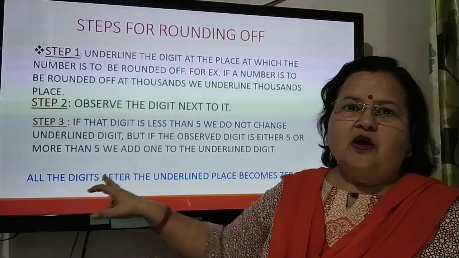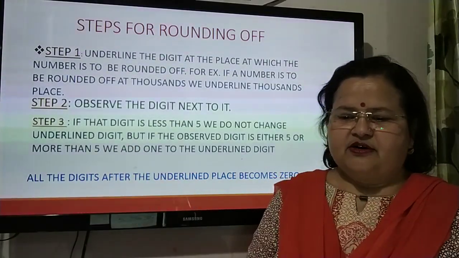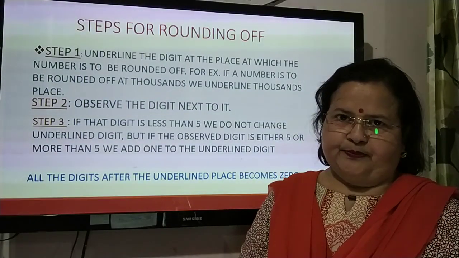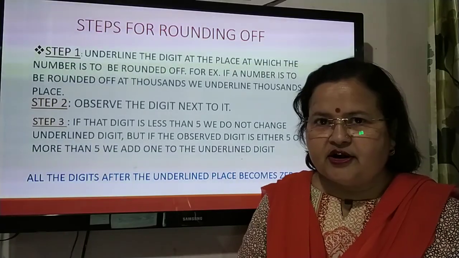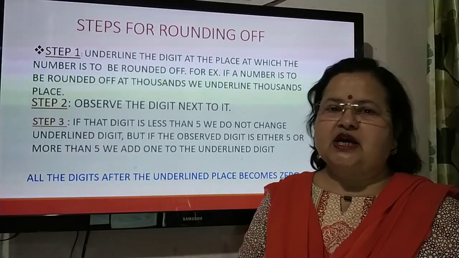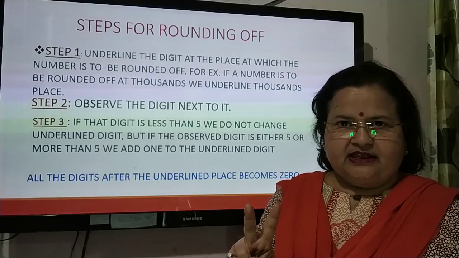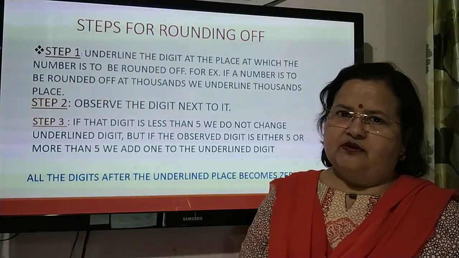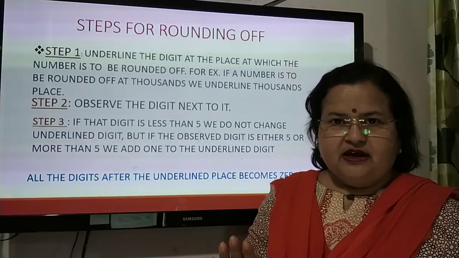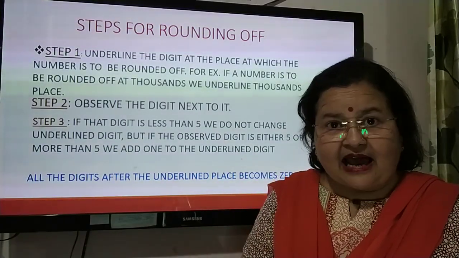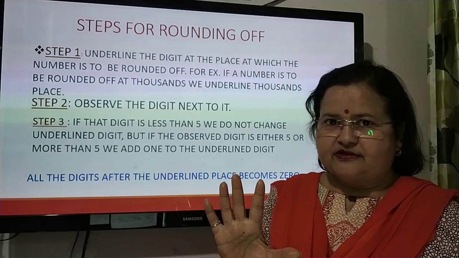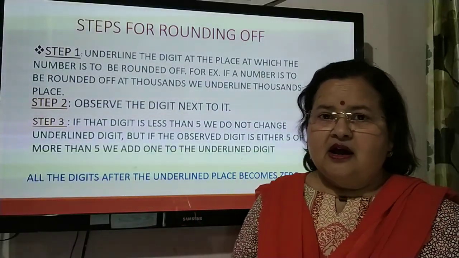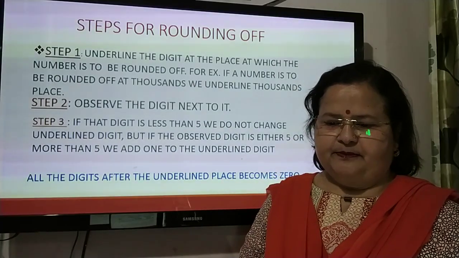And all the digits after the underlined place become 0. That means if you are rounding off a number at hundreds place, you are going to get 2 zeros at the end. If you are rounding off at 10,000s place, you are going to get 4 zeros. If you round off at lakhs place, you will get 5 zeros. This is the most important thing when you are rounding off a number.